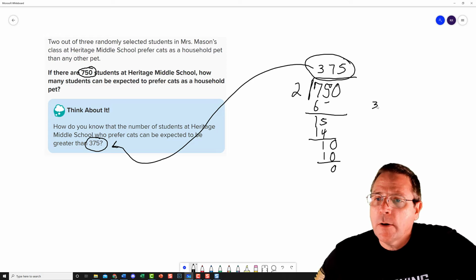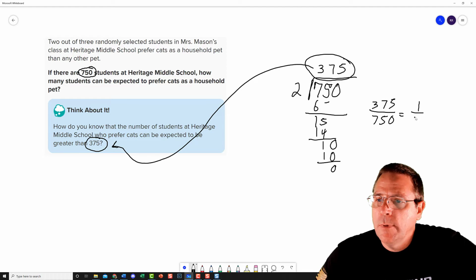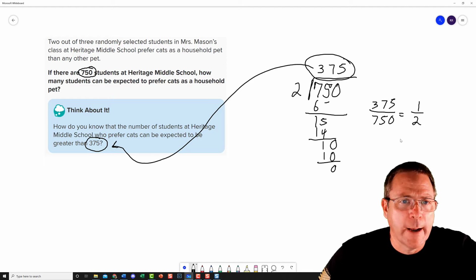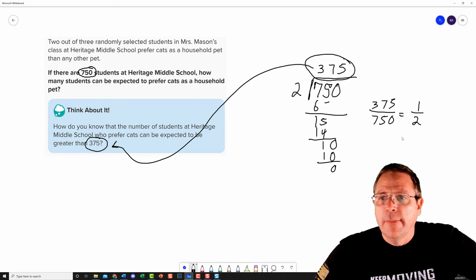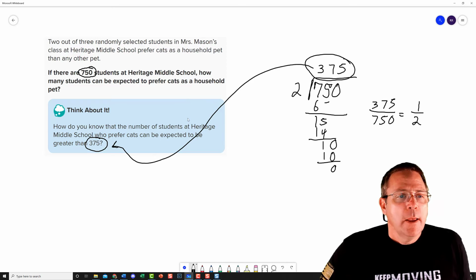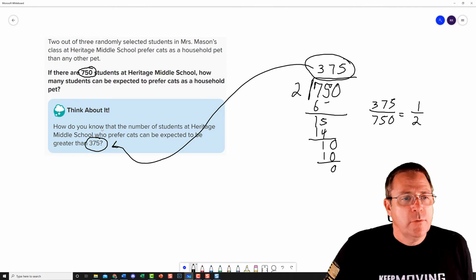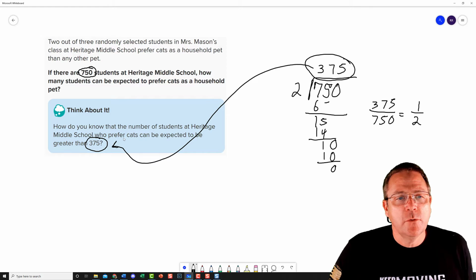So, if you think about it, 375 out of 750 would simplify to be 1/2, 1 out of 2. They are wanting to know, read your question again, how do you know the number of students at Heritage Middle School who prefer cats can be expected to be greater than 375?